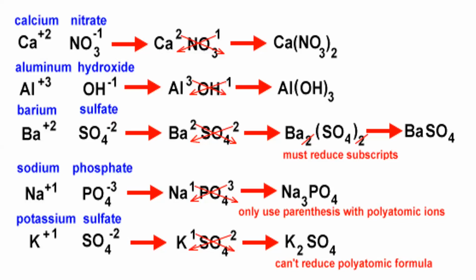No need for that if they are already balanced. And for the sodium phosphate, Na3PO4, remember you can only use parentheses with polyatomic ions like the first three examples here. And for the potassium sulfate, K2SO4, we cannot reduce it anymore.